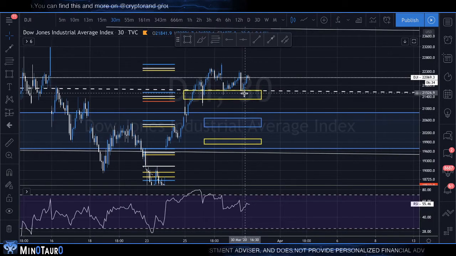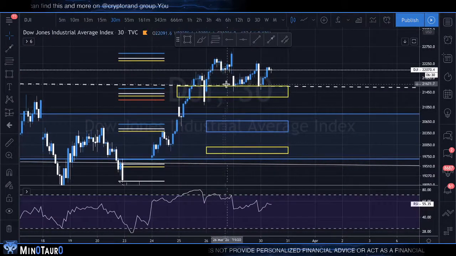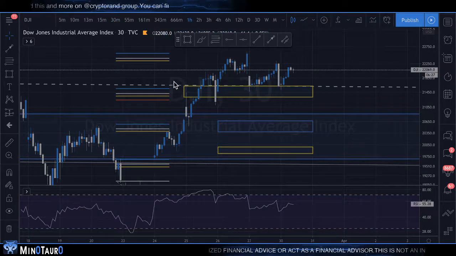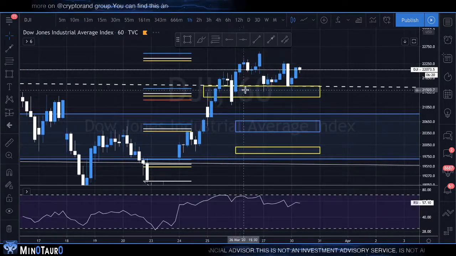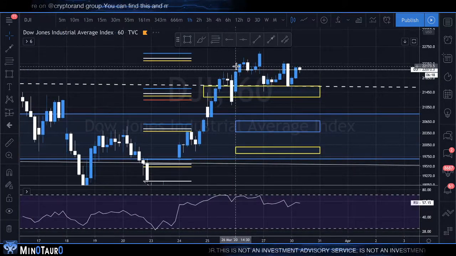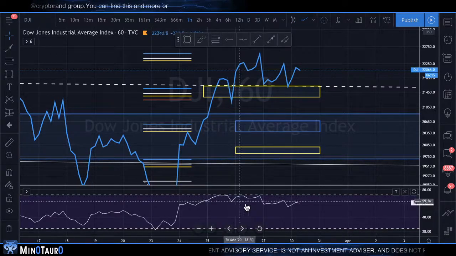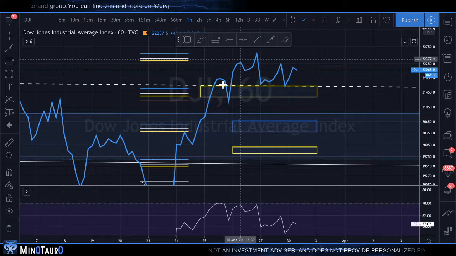And now it's trying to understand what's going on. There is a divergence. Let me show you. There's a divergence here. This is the divergence. This one here.